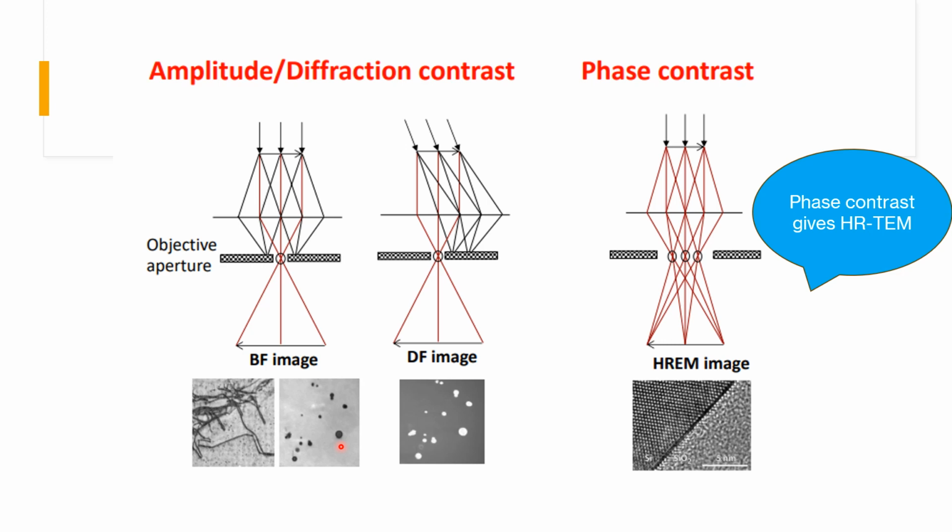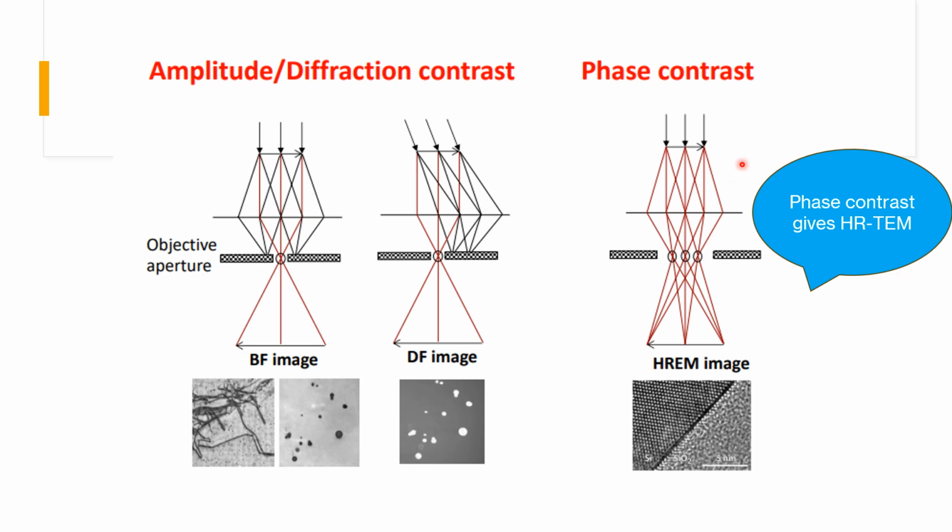This is the principle. But in dark field, the thing happens in reverse. The incident beam is blocked, and the image will appear black. If only the diffracted wave is passed, that portion appears brighter. In this way, the contrast is generated.